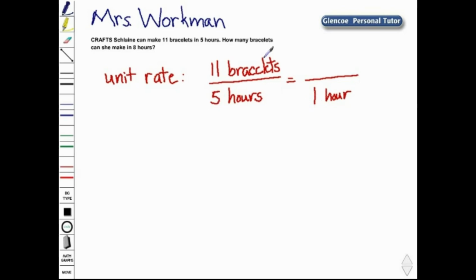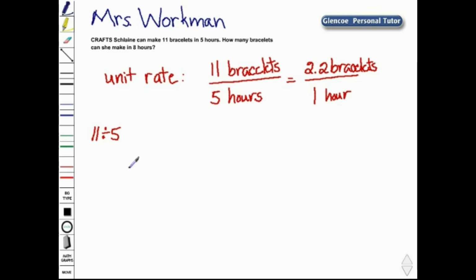And to keep the fraction equivalent, we're going to have to do the same thing to the numerator. So we're going to divide 11 by 5 as well. And that is 2.2. So her unit rate is, she can make 2.2 bracelets in 1 hour.